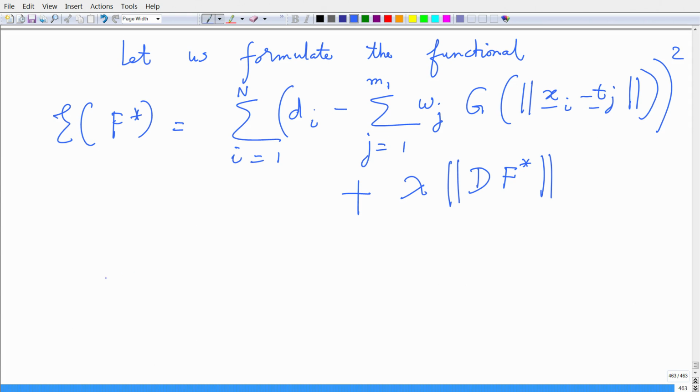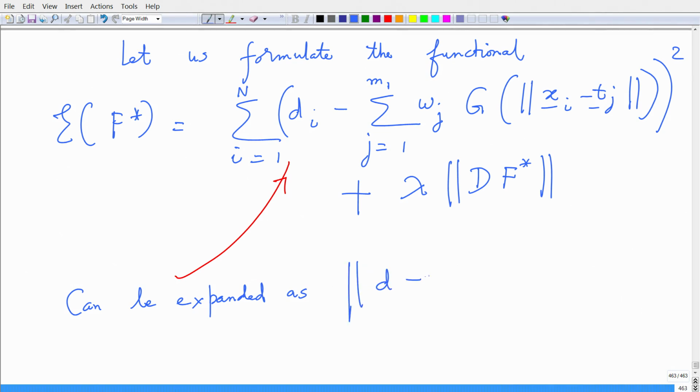Now, this first term here can be expanded as a Euclidean norm of 2 vectors, and this can be given by d minus G times w, right. d is a vector here, w is a vector, and G is your matrix.